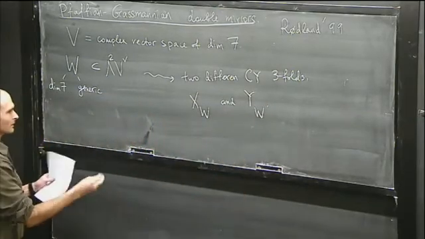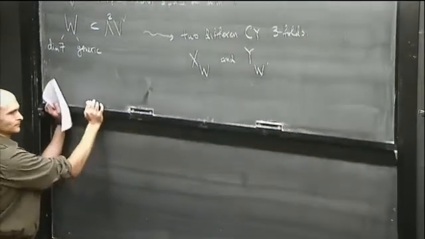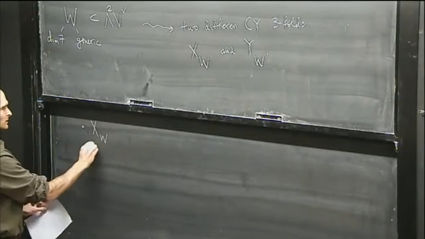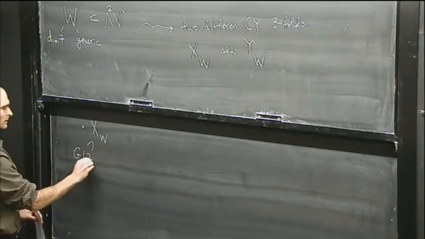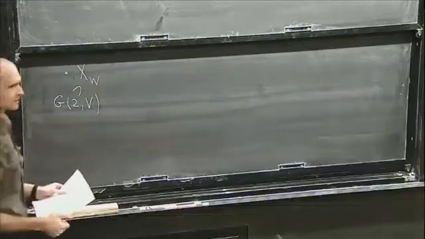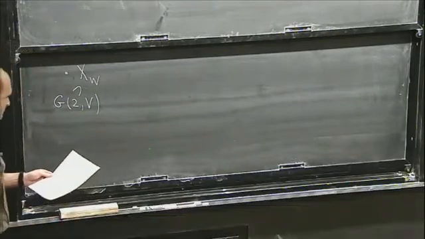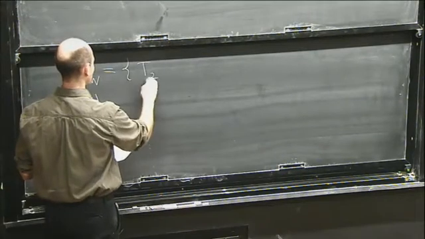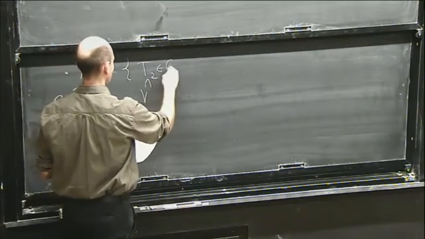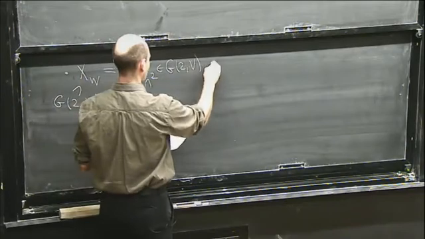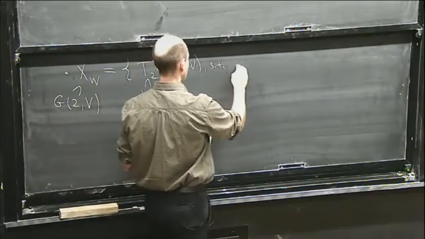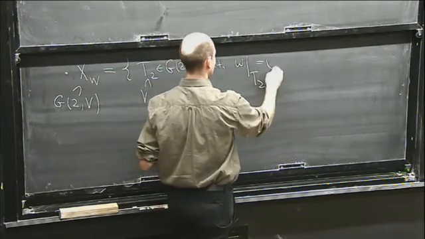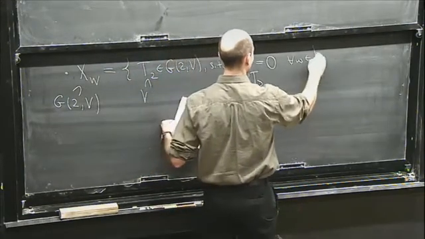So here they are. XW will sit inside the Grassmannian of 2-dimensional subspaces in V, and it will be such 2-dimensional spaces in V that W restricts to them as 0 for all forms in my capital W.